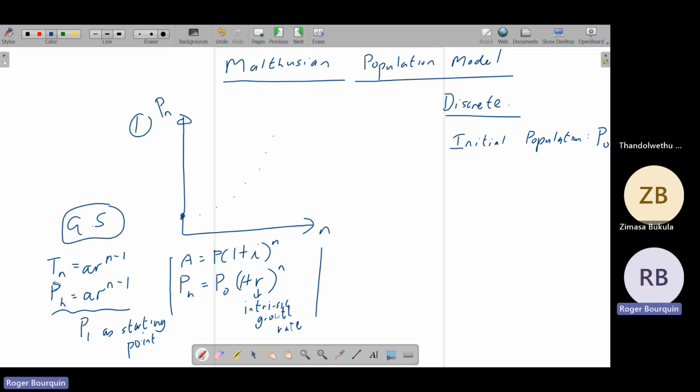If you've got a population and there's plenty of food and a lot of space for the population to expand, then your intrinsic growth rate is your optimal growth rate. It's all in your notes. So that formula works. It's just different notation. You've worked with it before.